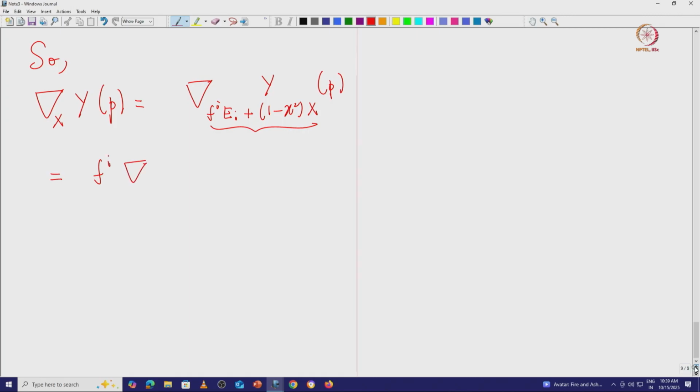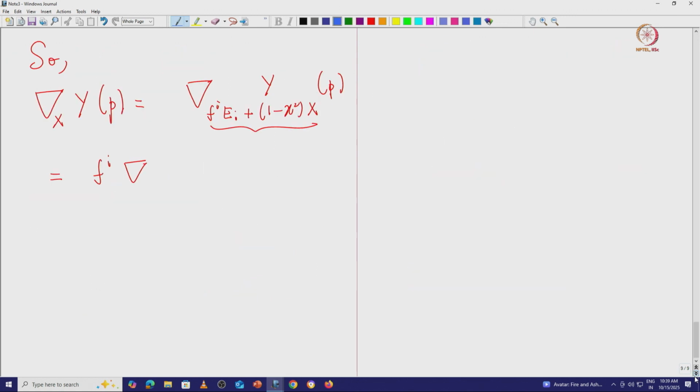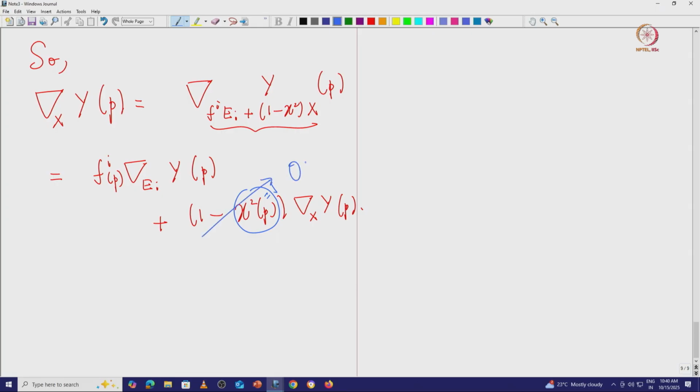So by the way, I'm again using the Einstein summation convention here. So you are summing over the repeated index. Okay, so this is simply this plus 1 minus chi squared at p. So this is f^i at p times this. Okay, but at p this guy is 1. So this entire thing is 0, right?